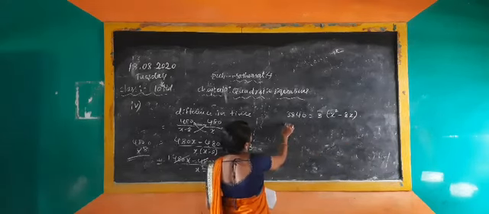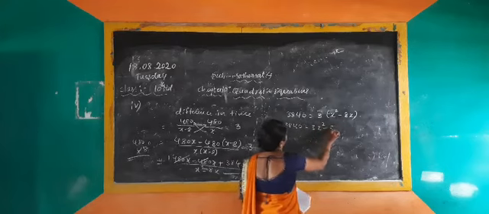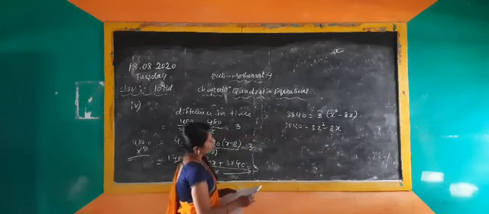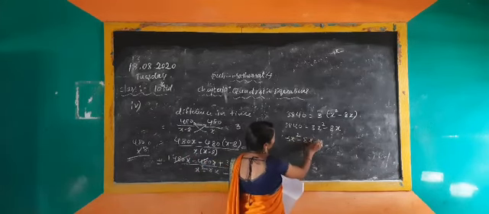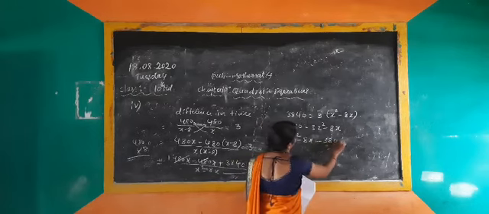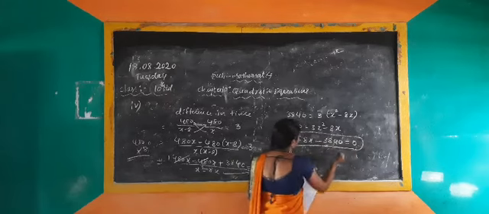Okay, next 3840 is equal to 3 times x square minus 8x. You can write in equation form 3x square minus 24x minus 3840 is equal to 0. If you are writing this much only, it's also good.